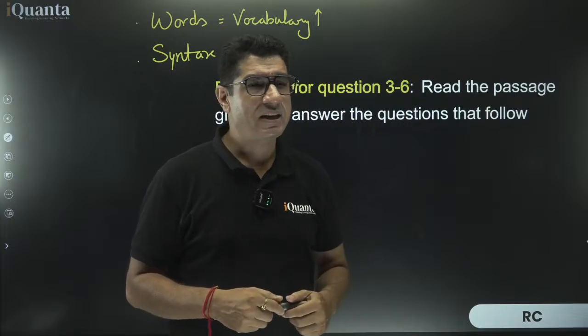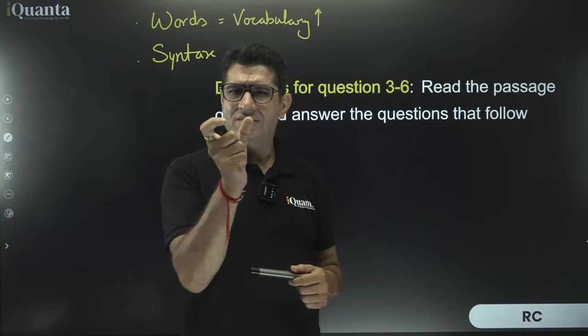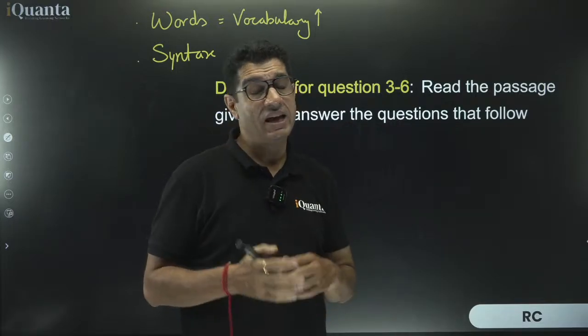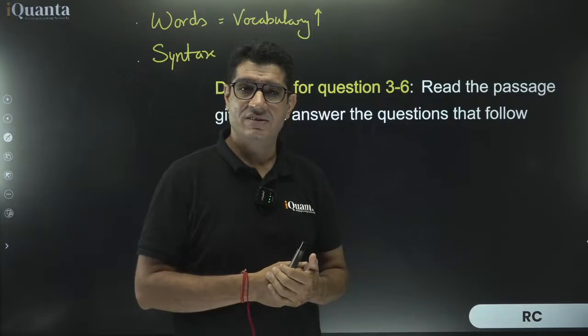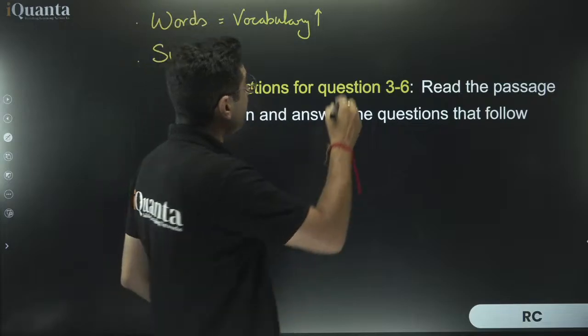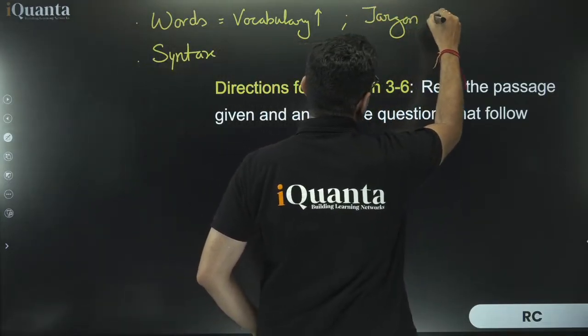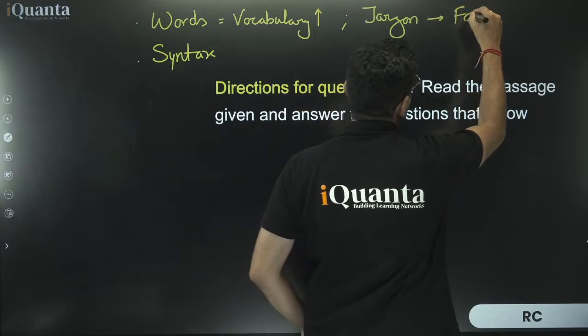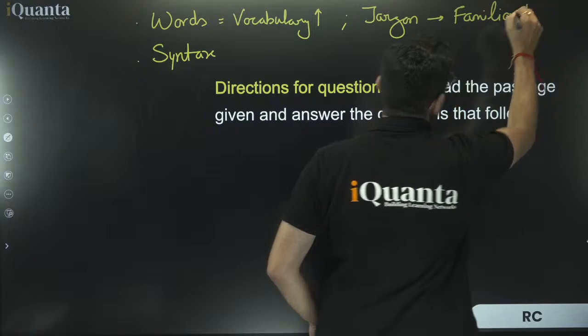For example, I can talk about GDP. Just a tiny little expression, but then if you look at the definition, it may run into 3-4 lines, right? So in case it is a technical word, in case it is a jargon, then reading more or developing familiarity with that area will help.